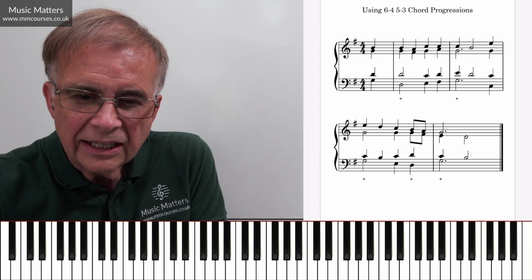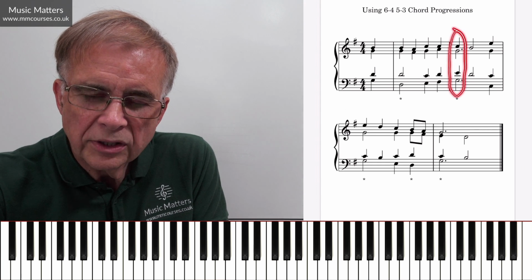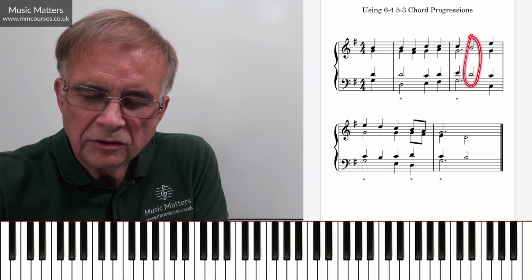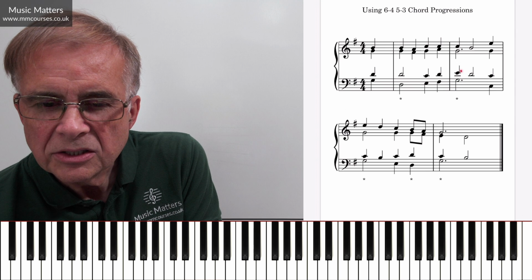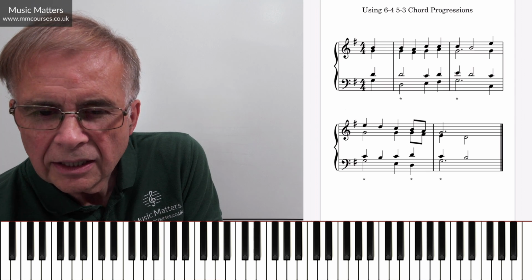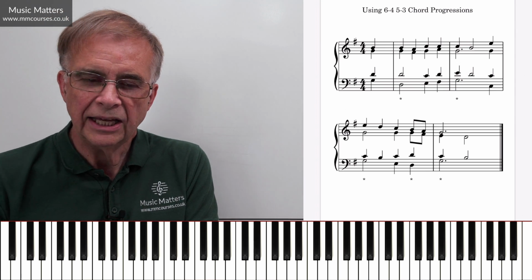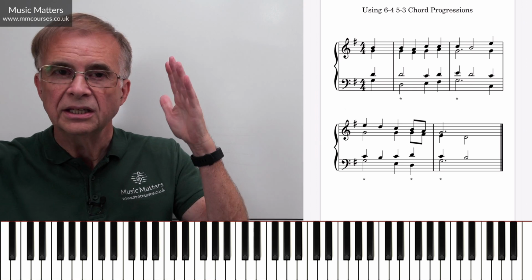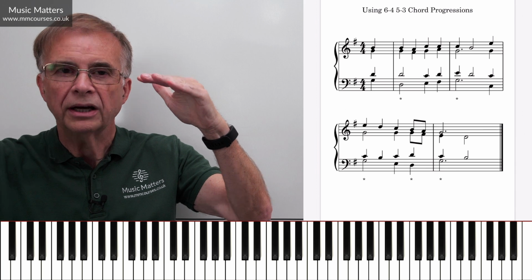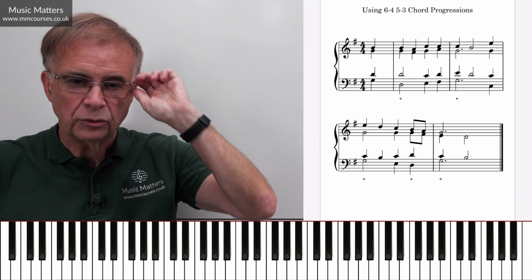This is chord 4 in second inversion. This is chord 1. Notice above this G in the bass, 6/5 is in the tenor here, 4/3 is in the alto. It doesn't matter which part does that, as long as it's 6/5 in one part and 4/3 in the other part.